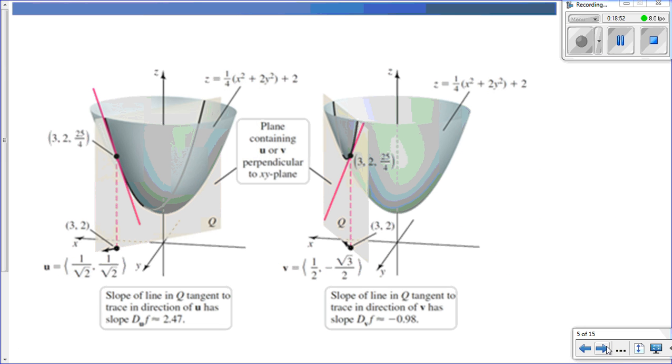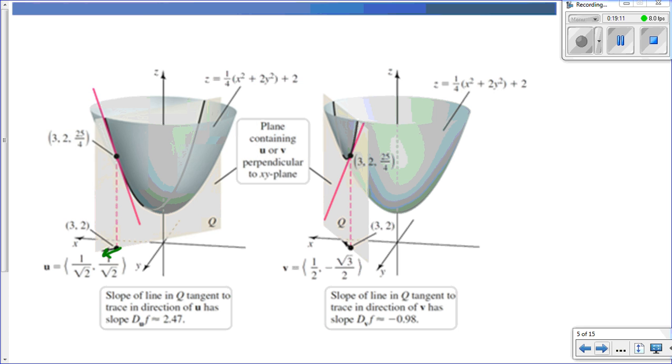Okay, so now let's see what that looks like. If you were to graph the surface, the surface here is going to be a paraboloid. The directional derivative that we found, moving in the direction of (1 over the square root of 2, 1 over the square root of 2), that would be moving at a 45-degree angle from the positive x-axis.